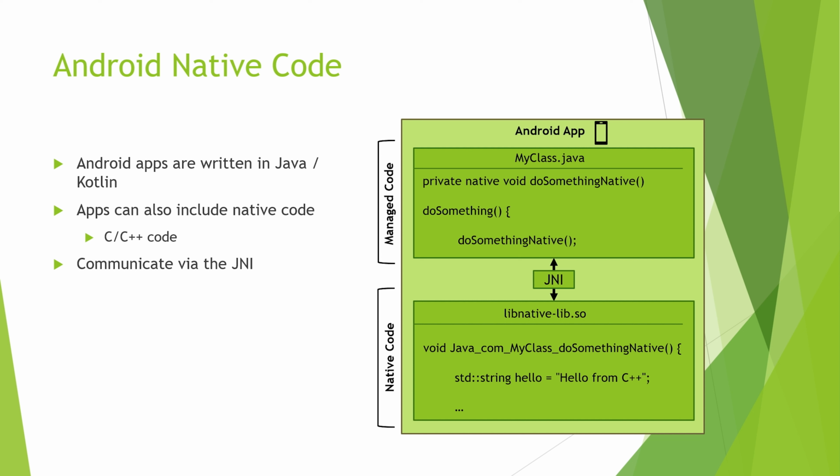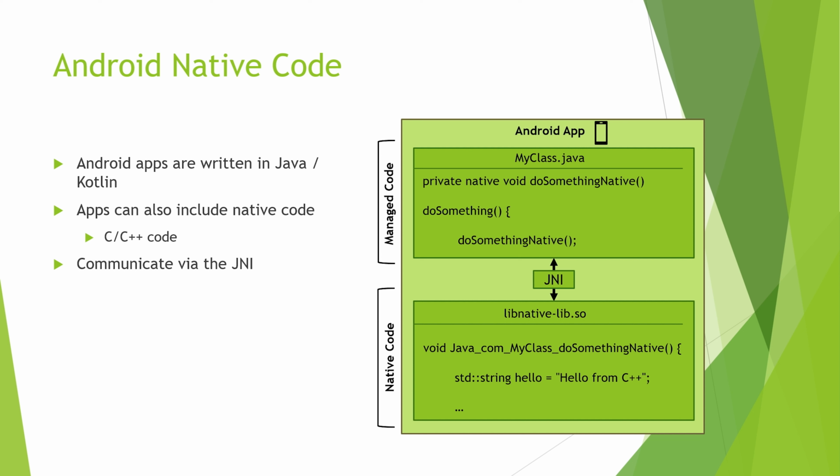If you look on the right-hand side, we have our standard application structure for an Android app, and we're defining a class in Java, and it looks like it's doing normal Java programming, but we get this weird native keyword. That defines that this particular method will be defined within native C or C++ code.